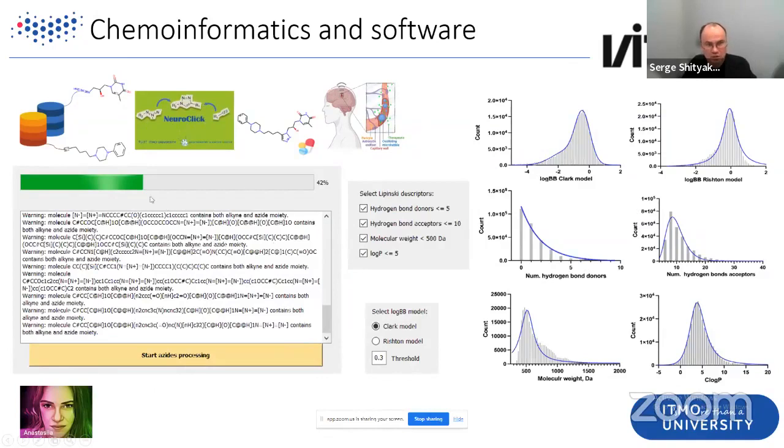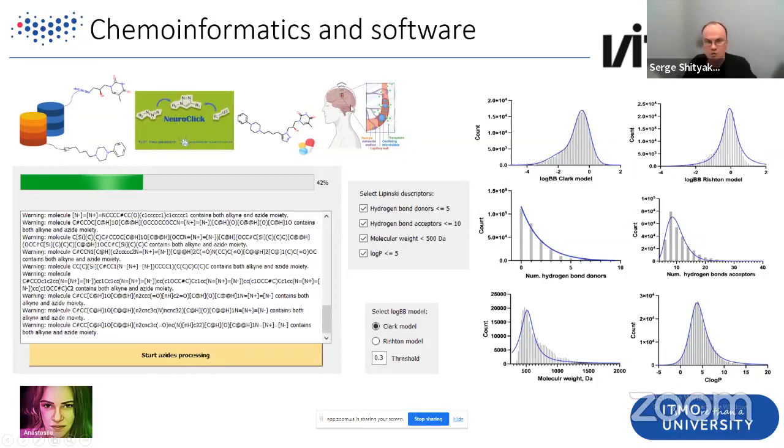As you can see, this algorithm is a very simple thing, showing how to create the synthetic database using some standard descriptors which are known as the Lipinski rules. We also integrated some blood-brain barrier models like the Clark model and Richter models. You can scale up different models using different thresholds and different descriptors, so it's quite manageable to change different parameters.